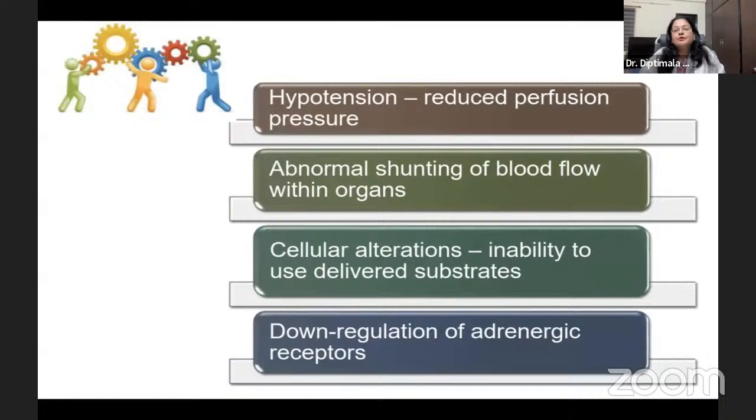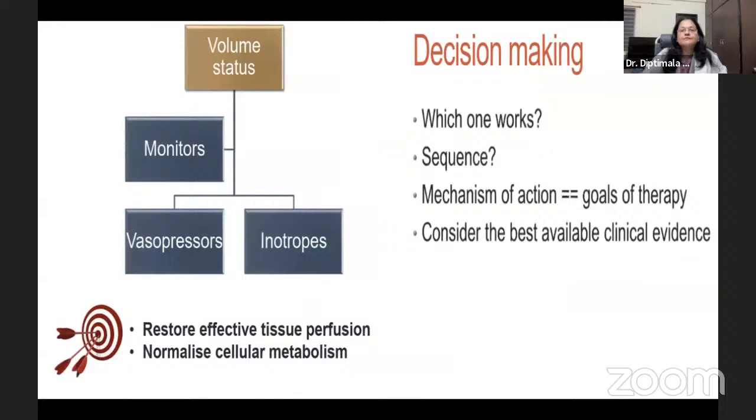So in septic shock, there is reduced perfusion pressure, abnormal shunting of blood flow within the organs, inability to use delivered substrates, and downregulation of adrenergic receptors. So now the decision making is very important. As I have already told you, first you have to maintain the volume status, continuous monitoring, and selection of a vasopressor and inotrope to restore the effective tissue perfusion and to normalize the cellular metabolism.